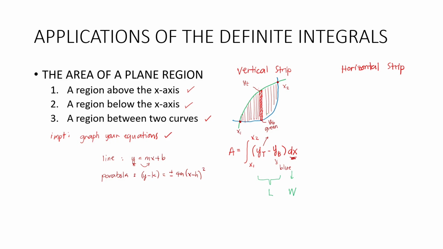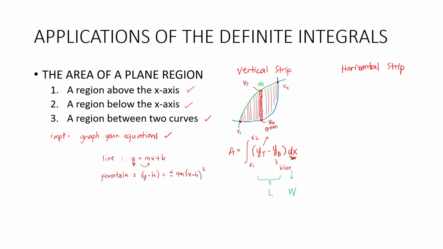Y top minus y bottom, that would be the length, then times the width of the vertical strip, that is the differential x. I forgot to write differential x. And then from x1 to x2, meaning adding up multiple rectangles, that would give us the area of your bounded region.